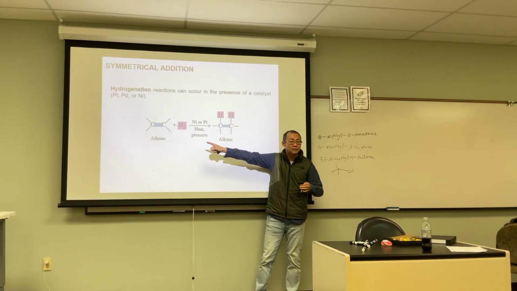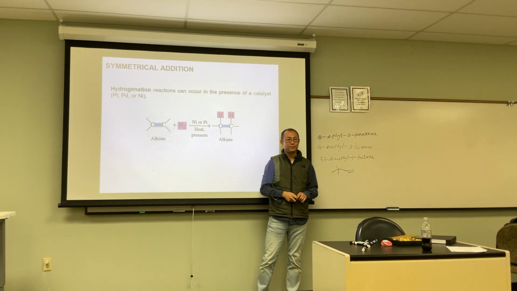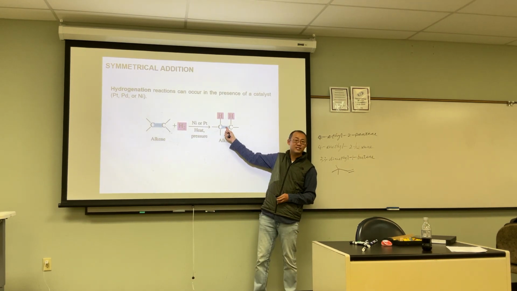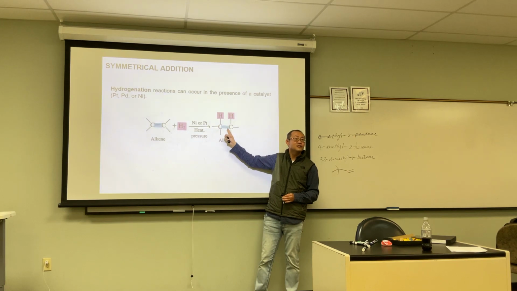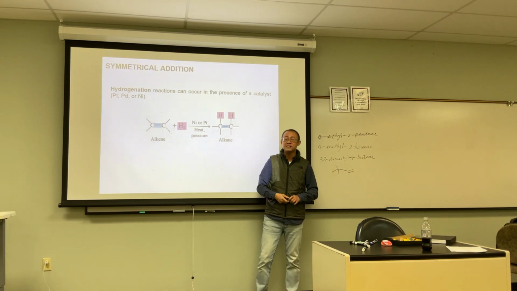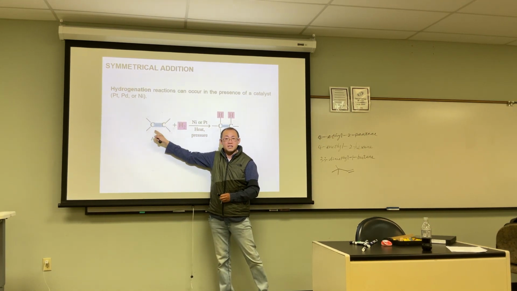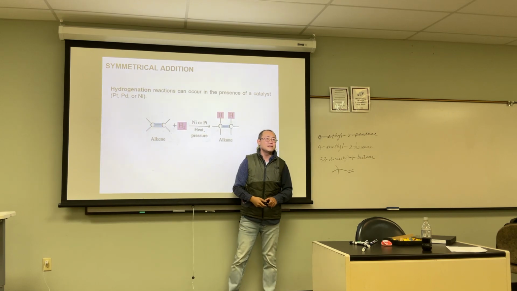Because they have fewer hydrogens in their structures. If I put more hydrogens on to make an alkane, it is called saturated. The reason they are called unsaturated is because they are missing some hydrogen.